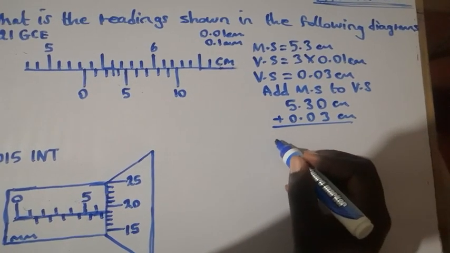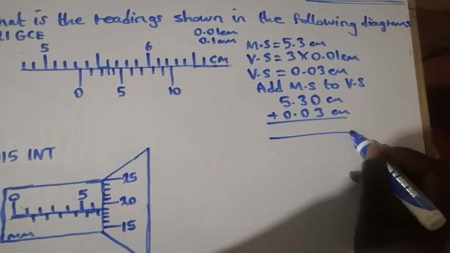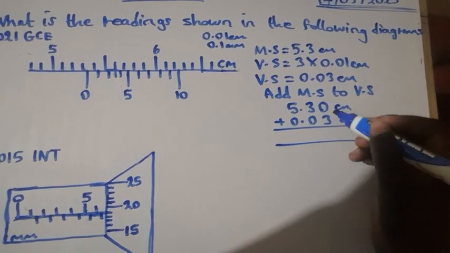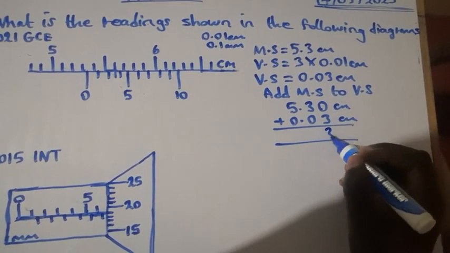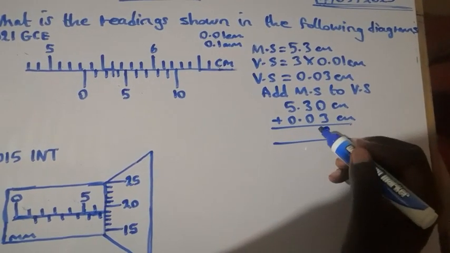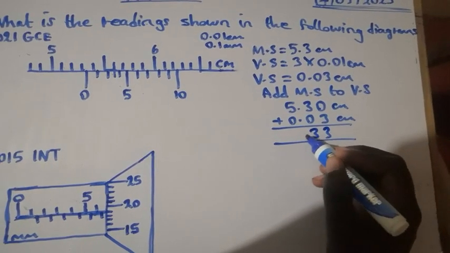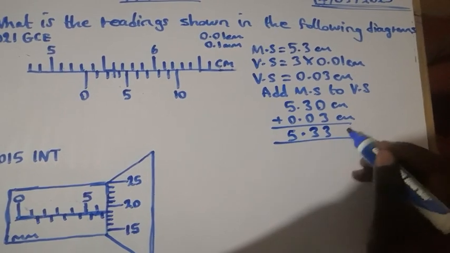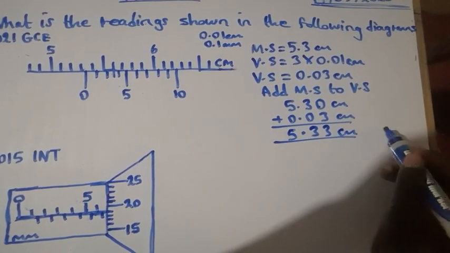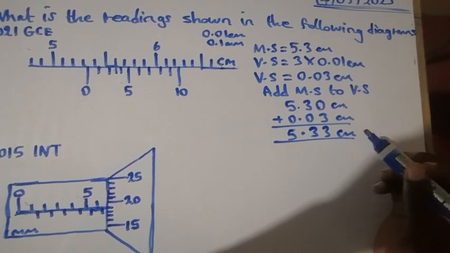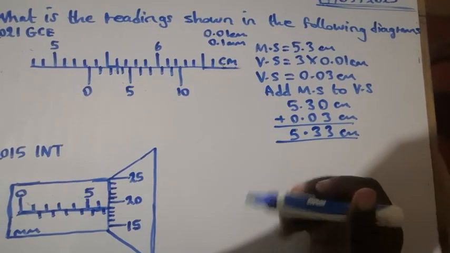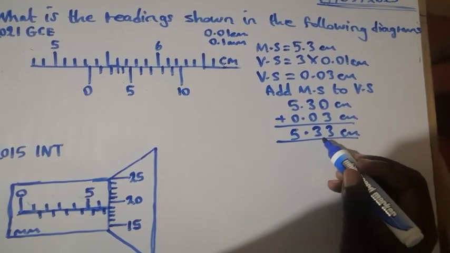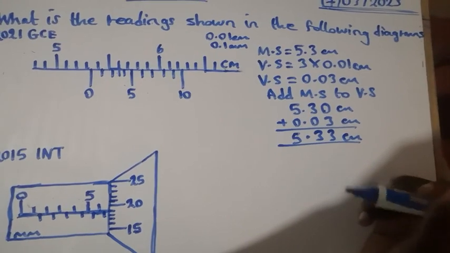Make sure you attach units. So 0 plus 3 is 3, 3 plus 0 is 3, then 5 plus 0 is 5. So the reading for this device is going to be 5.33 centimeters.